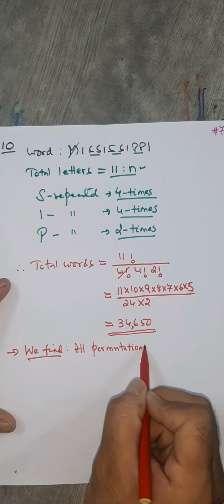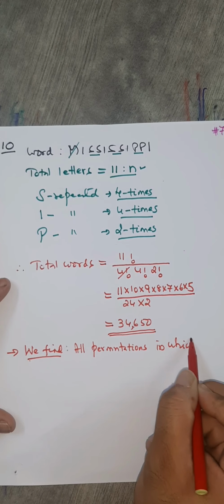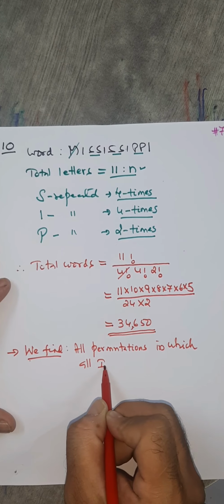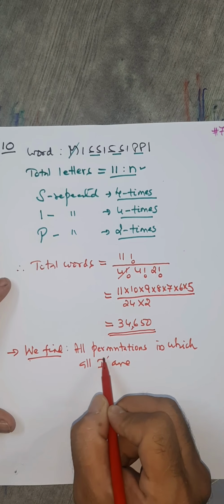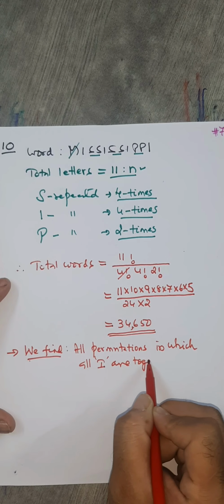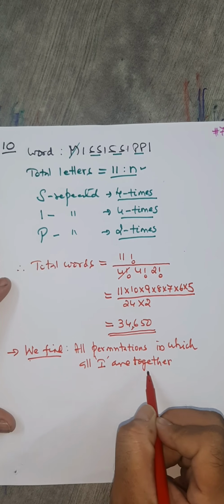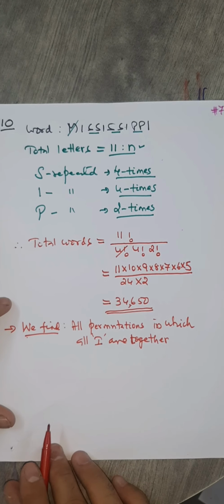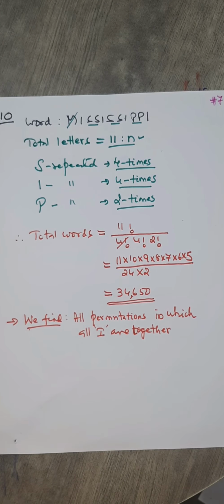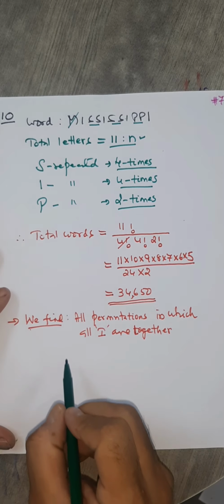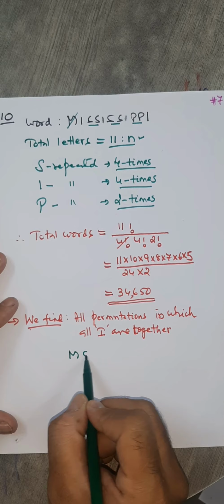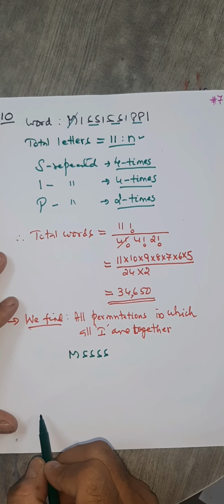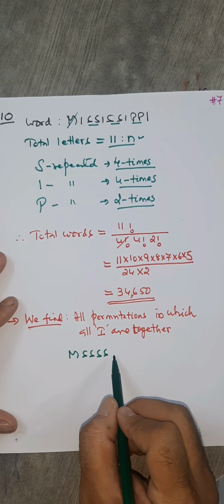We'll find all permutations in which all I are together. साथ में रख रहा हूँ. क्वेश्चन में नॉट पूछा है, साथ में नहीं होना चाहिए. मैं साथ वाला काउंट कर रहा हूँ. राइट, नेगेटिव लॉजिक. ओके, तो व्हाट आई विल डू, देखो मैं एक आपको बता रहा हूँ. सी हियर, व्हाट आई विल डू इज M, फिर S, फिर क्या है PP.